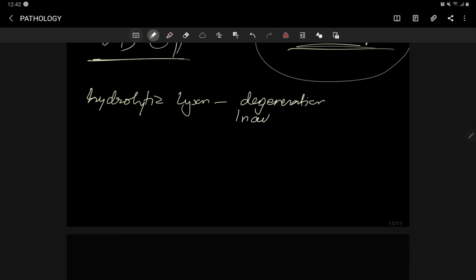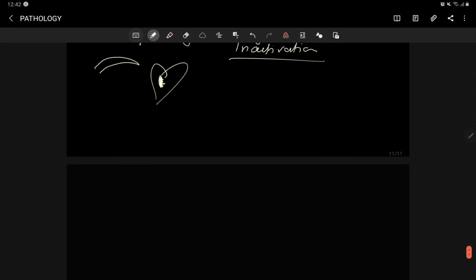Due to this, the cells are not destroyed, and they just get stuck in a particular area. Suppose this is the heart, there was damage, there was cell death, and it remains there and is not removed. This is leading to coagulation.